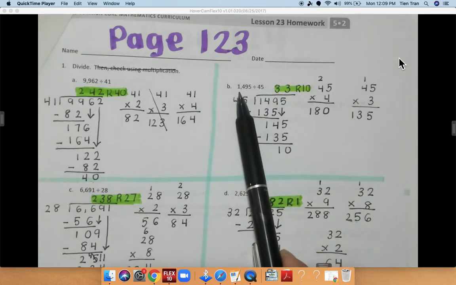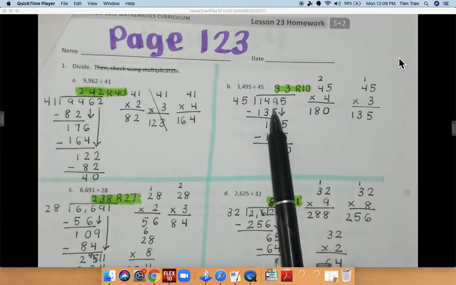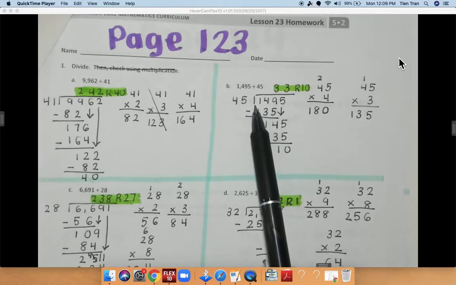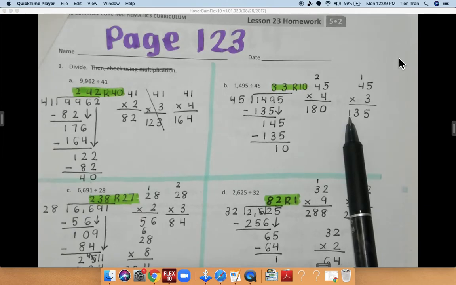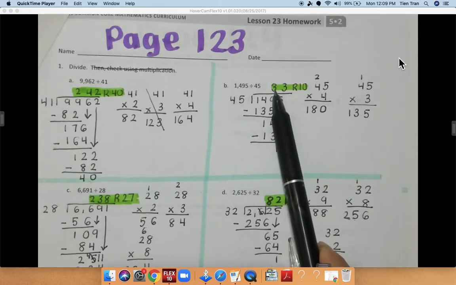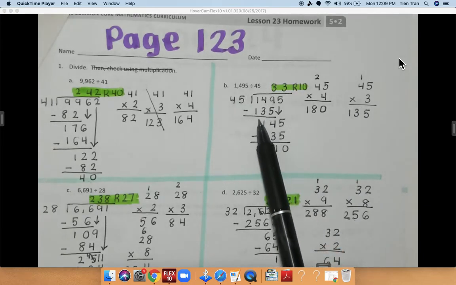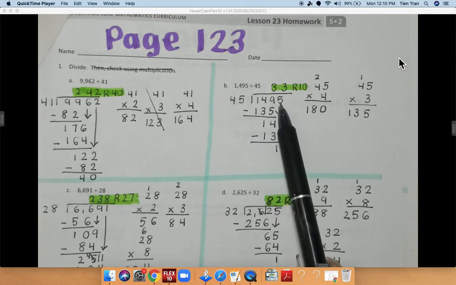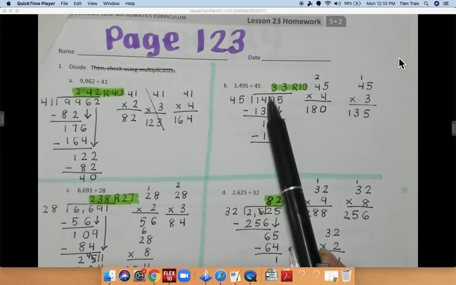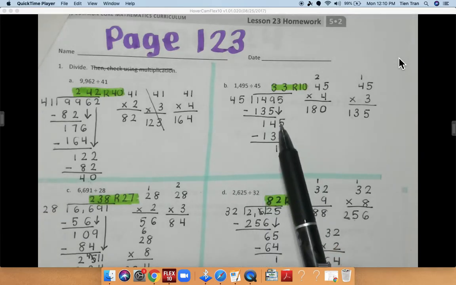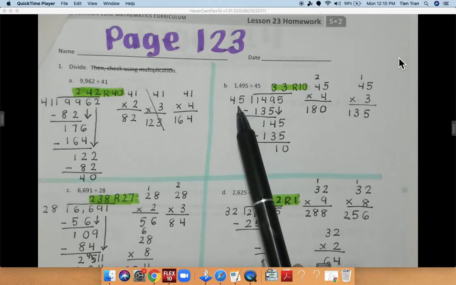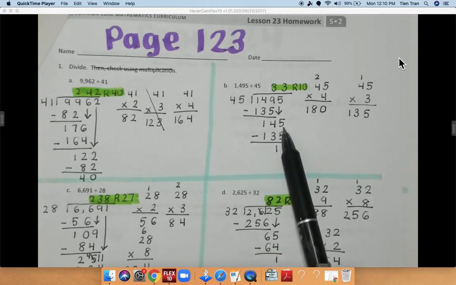For problem B, I have 1,495 divided by 45. I know that 45 times 3 is equal to 135. So I'm multiplying 45 times 3, which is equal to 135. 9 minus 5 is equal to 4. 4 minus 3 is equal to 1, and I'm bringing down my 5. Now, how many times can 45 go into 145?